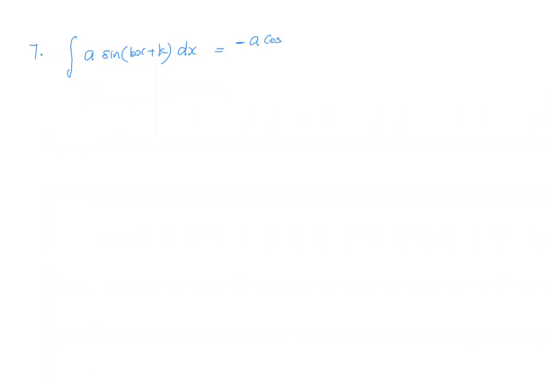Negative cos. So better make sure you know, then divide by b, plus c. If you integrate cos, you just think the other way around, okay? You get sin.